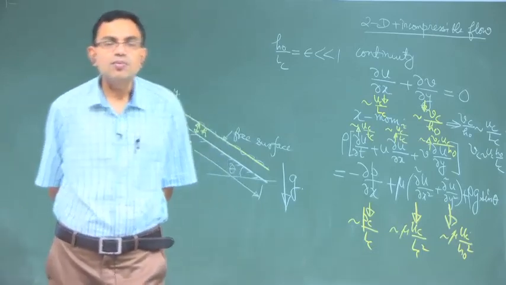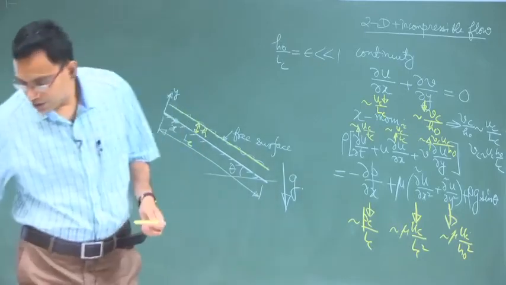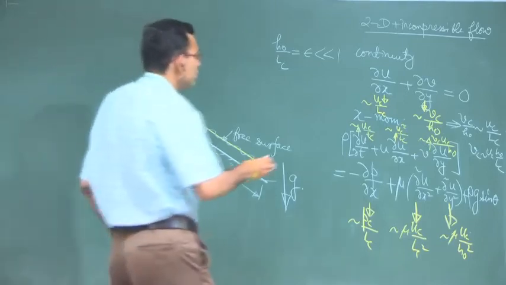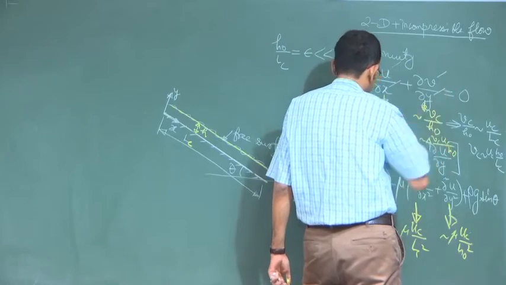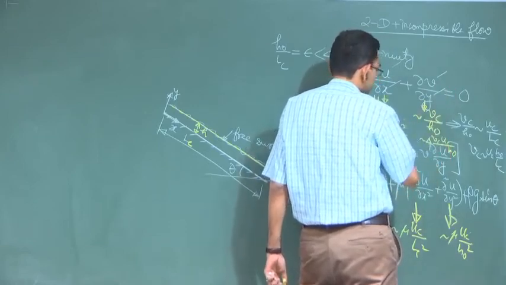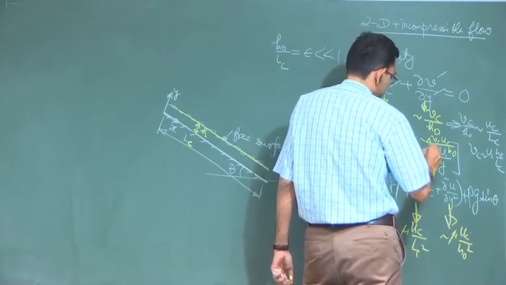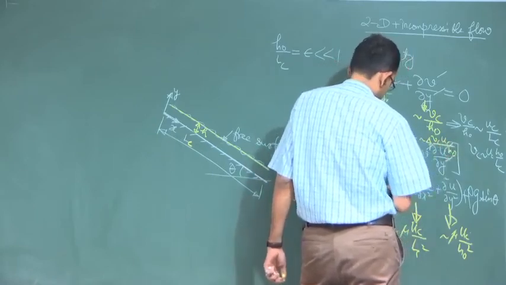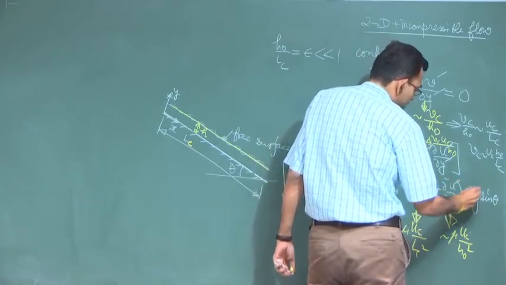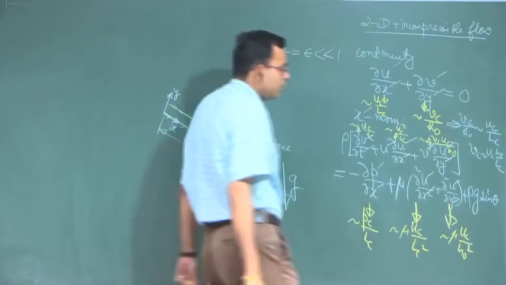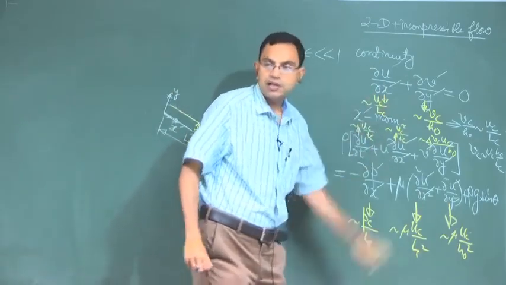We will recognize the dimensional quantities with a dash on all the variables. Because these are all dimensional variables, I am just writing a dash on all the terms. Nothing to worry about this dash, the reason is that we will be using terms without dash for the dimensionless variables.